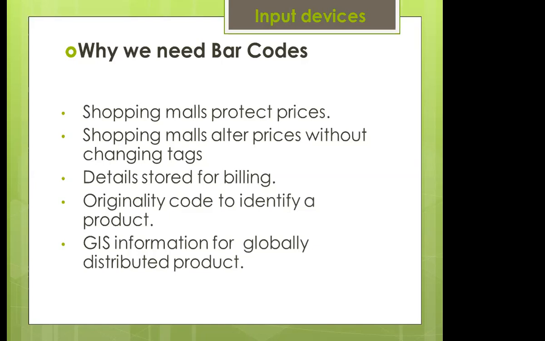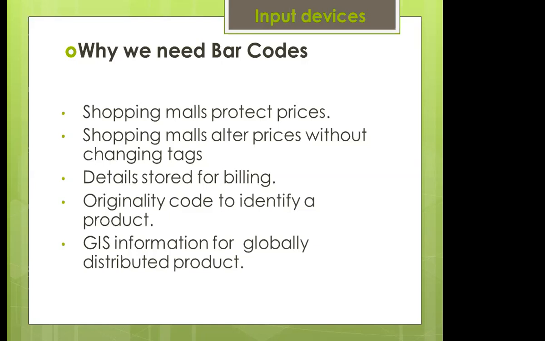Originality code to identify a product. If there is a multinational company like Apple with their product, the iPhone, they place barcodes which also identify that this product was sent to sale in Pakistan.